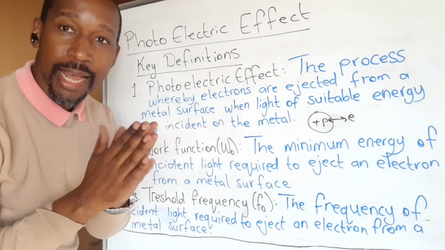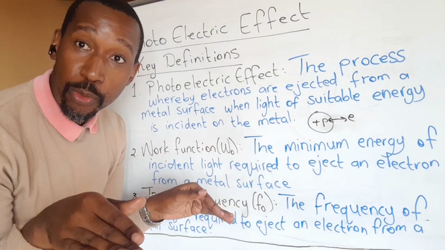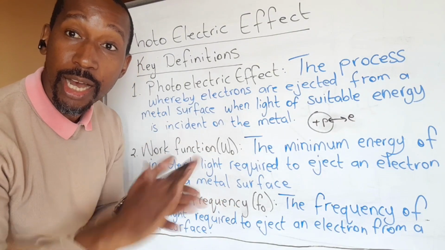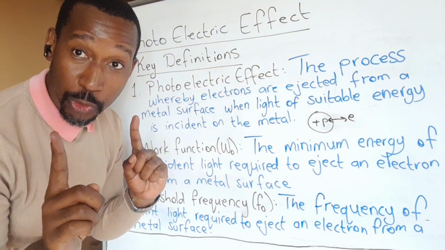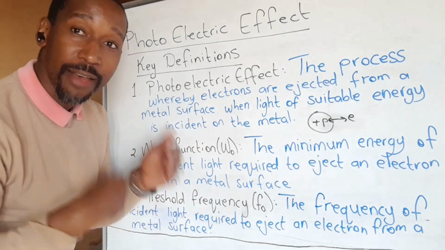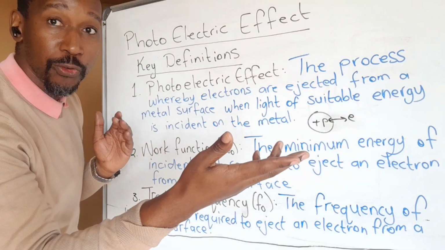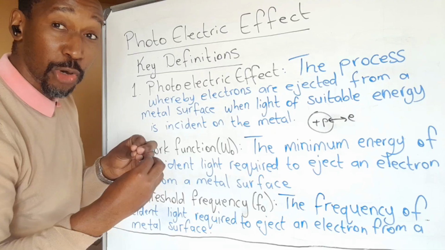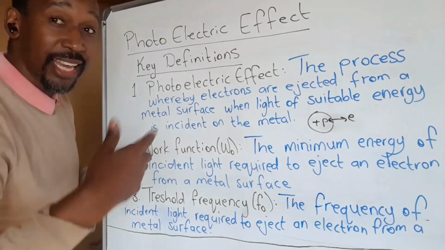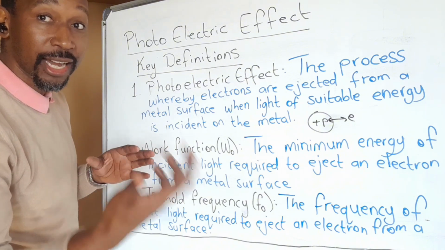Meaning, if the light has less energy than this, no electrons are moving, no electricity, current is not flowing, no photoelectric effect. But if the energy is more than this, then we have enough energy to get the electrons out of the metal and moving. We'll talk about later that they're actually going to move with a kinetic energy that is greater than 0, which then allows us to have the current flowing.